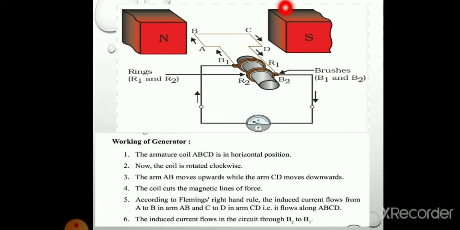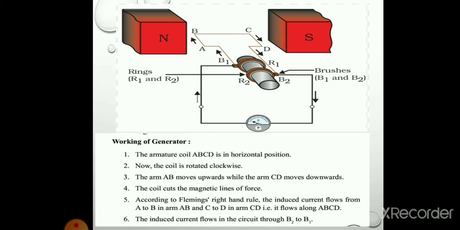So applying Fleming's right hand rule on side AB, now force is along the downward direction, magnetic field is left to right. So the current flows out of the paper, that is towards us, from B to A. Hence, in the circuit, now from DCBA, the current moves.